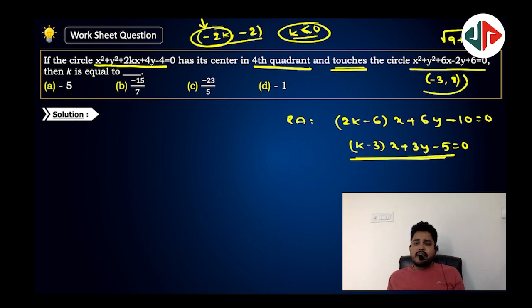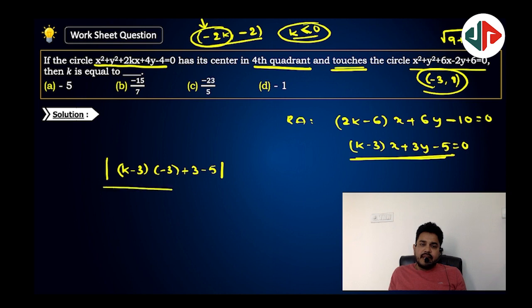So the perpendicular distance from the center to this line is equal to the modulus of (k minus 3) times minus 3 plus 3 minus 5, divided by the square root of (k minus 3) whole square plus 9, and this equals the radius, 2 units.